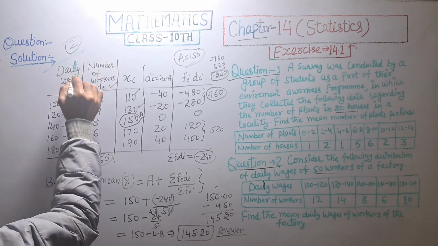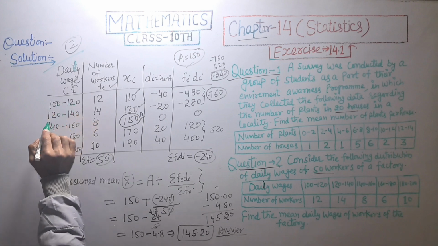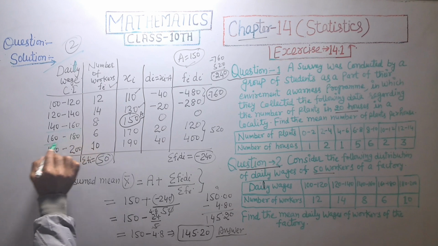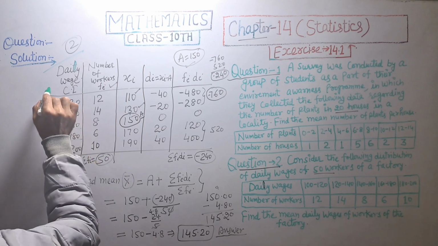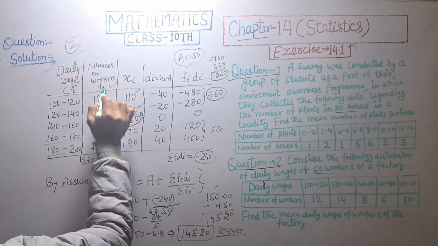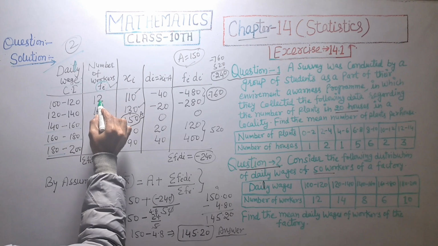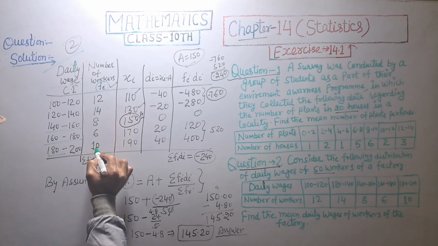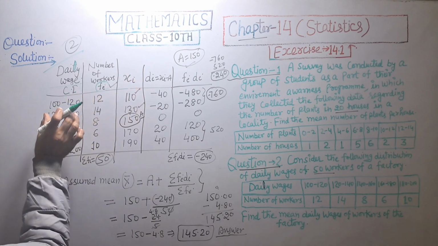Given daily wages, class intervals 100 to 120, 120 to 140, 140 to 160, 160 to 180, and 180 to 200. The number of workers, that is Fi, the frequency, is 12, 14, 8, 6, and 10. So Xi, that is the mid value.